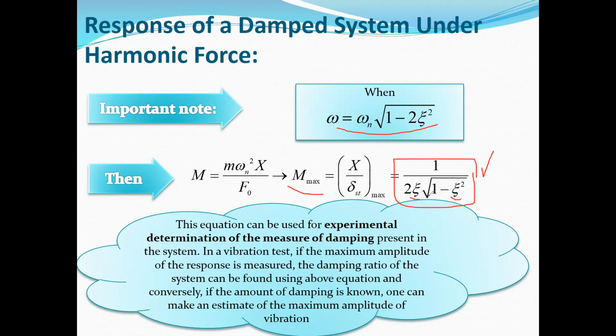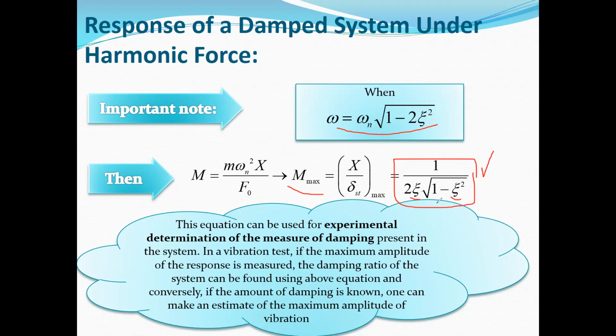This method is one of the useful methods to obtain the damping characteristic of your system. For example, if you deal with a building and you don't know how much damping it has, you can excite the building and, using accelerometers, extract its response.